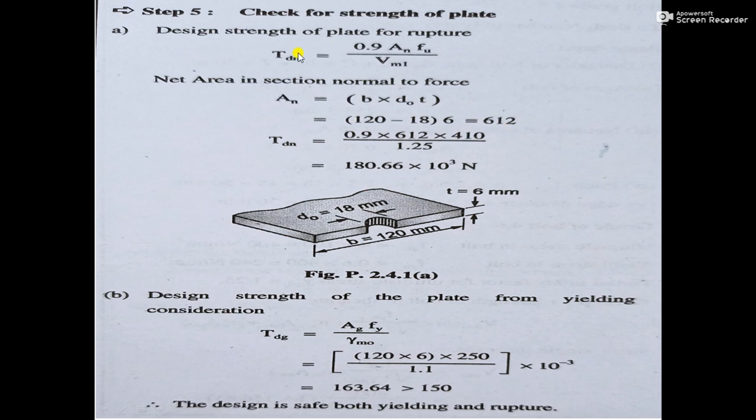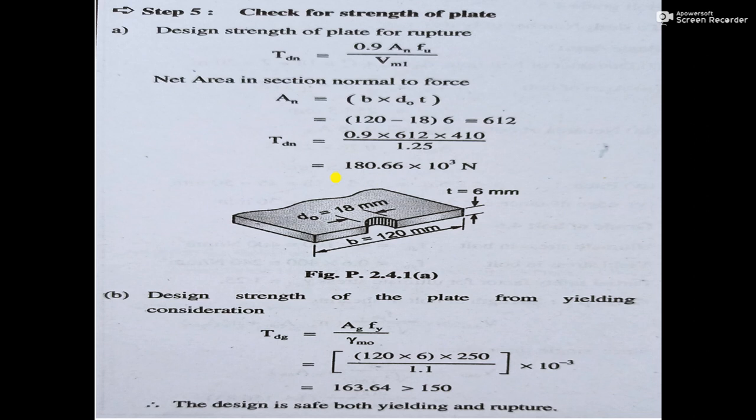Then Tdn, the design tensile strength of the plate, is 0.9 An fu upon gamma m1, with fu of the plate 410 and gamma m1 1.25, which gives 180.66 into 10 to the power 3, that is 180.66 kilonewton. This is the strength of the plate.